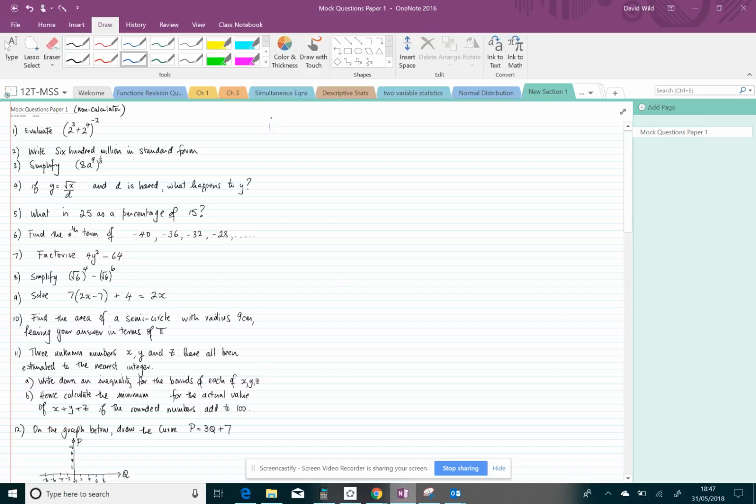So first of all, question 1: evaluate (2 cubed plus 2 to the 4), all to the minus 2. Well, 2 cubed is 8, 2 to the 4 is 16, and 8 plus 16 is 24. So this is 1 over 24 squared.